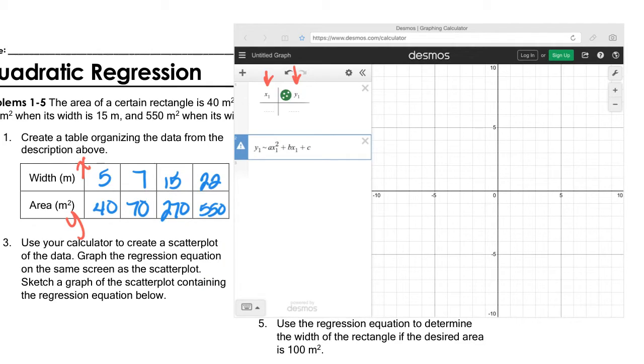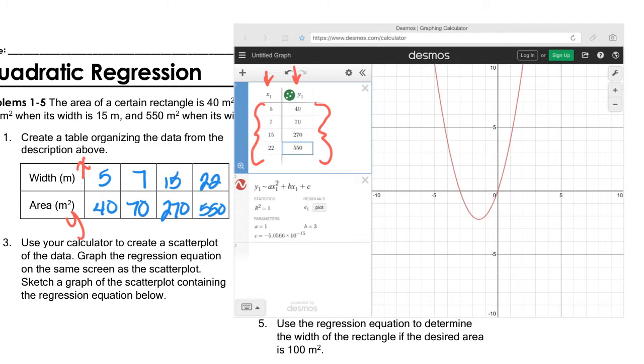So if I'm looking at Desmos right now, what I'm seeing is my red graph, or my regression model. And what I'm going to do is set my window of my graph here to reflect the x values and the y values so that I can see my data set in its full entirety without being squished or really tight.